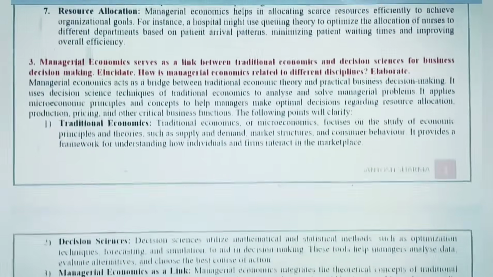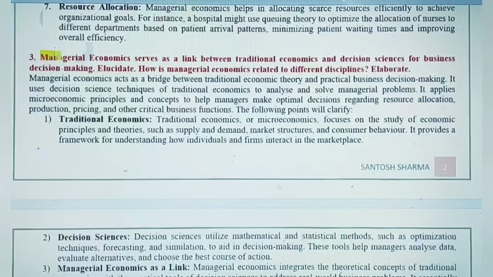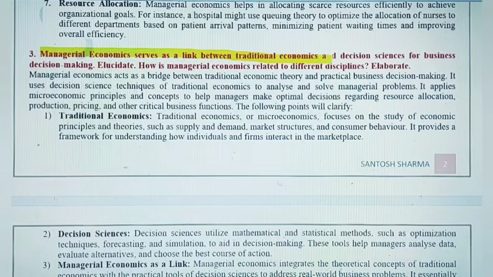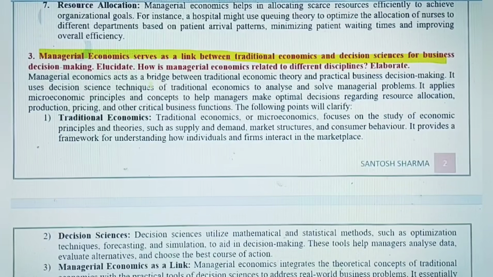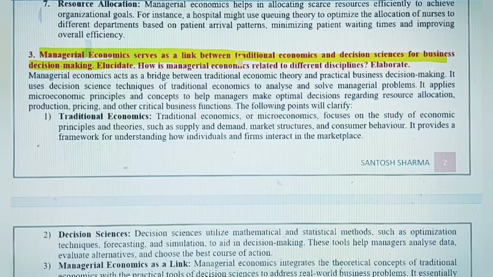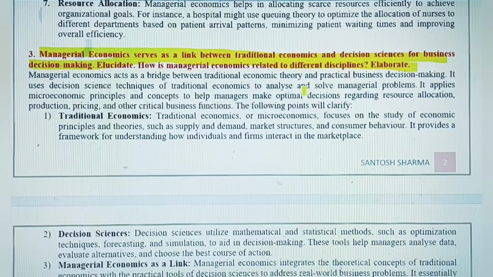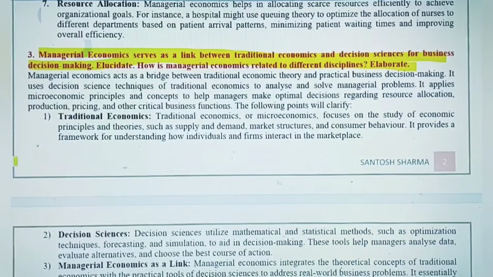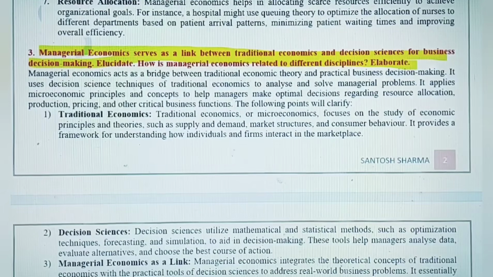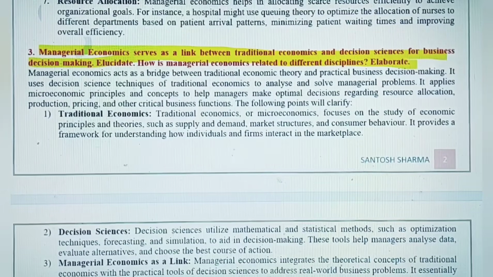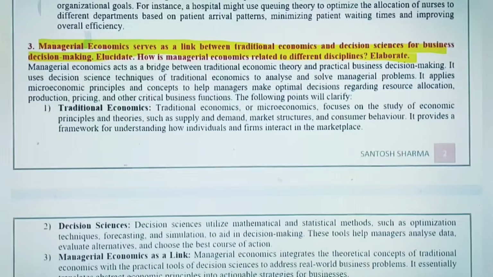Fine, let's see question number 3. Managerial economics serves as a link between traditional economics and decision sciences for business decision making, and how managerial economics is related to different disciplines. So obviously, managerial economics is basically a link between traditional economics and decision sciences, and this is how it works.